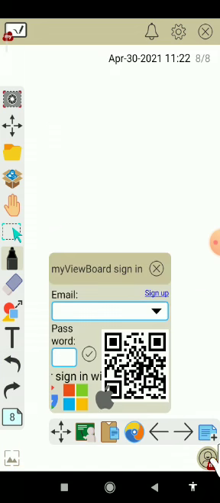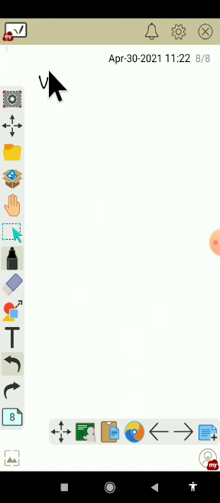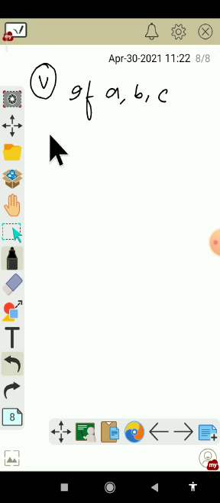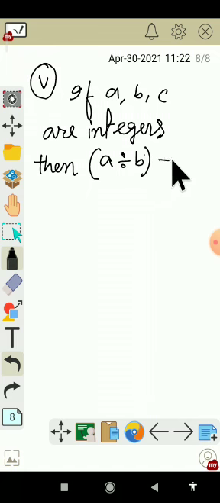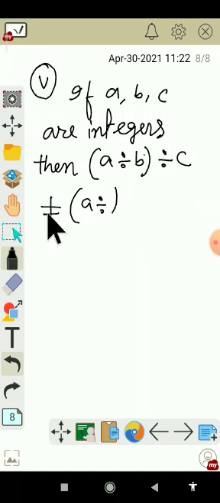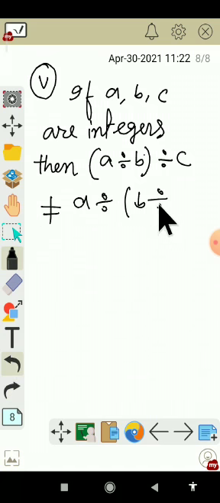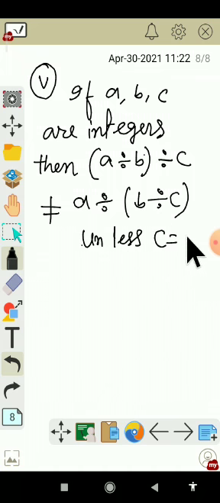Next we will see property 5. If a, b, c are integers, then a divided by b divided by c will not be equal to a divided by b divided by c unless c equal to 1.